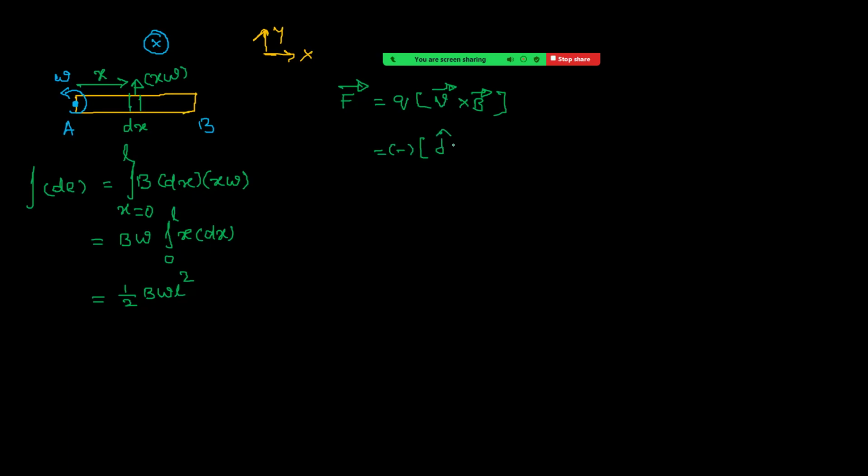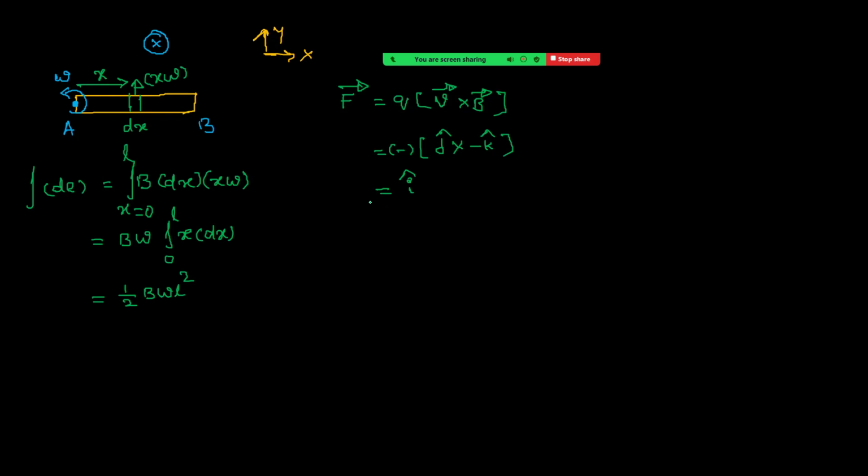B is into the board, that means minus k cap. So we have minus into minus, plus. The remaining is j cap cross k cap, which is i cap.